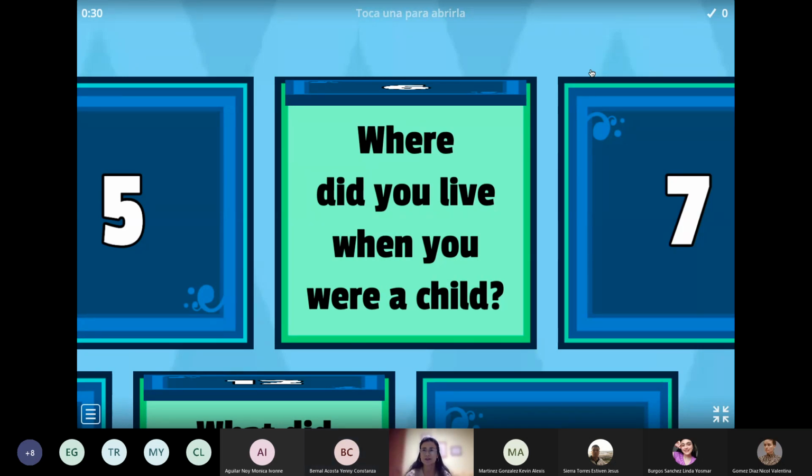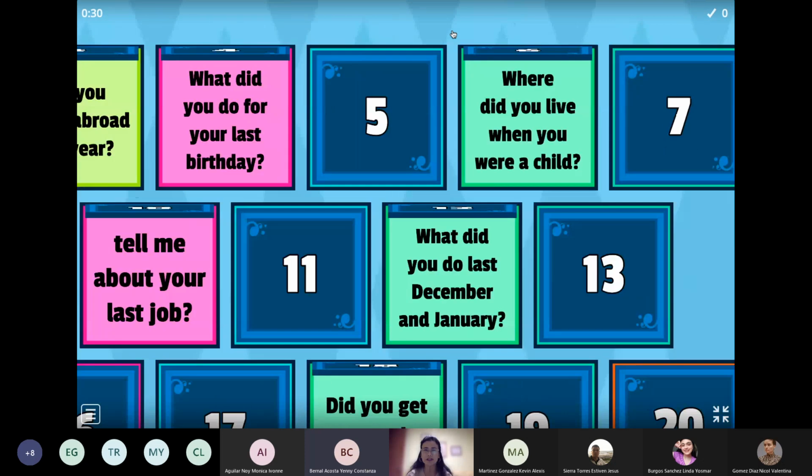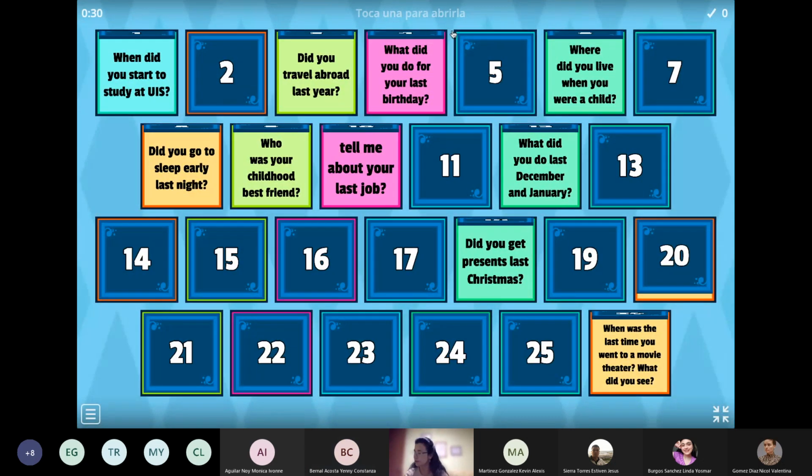I lived in Cota. Okay, Cota is a very beautiful town, and the landscapes are very beautiful. Are you living in Bogota or in Cota? In Cota. Yes, it's a very beautiful and peaceful town.